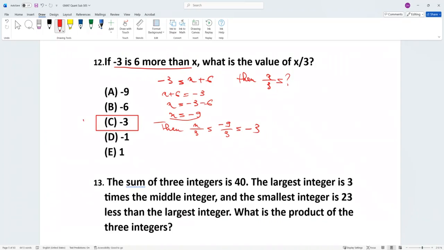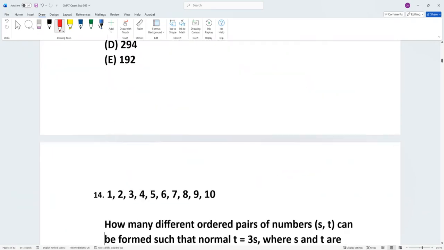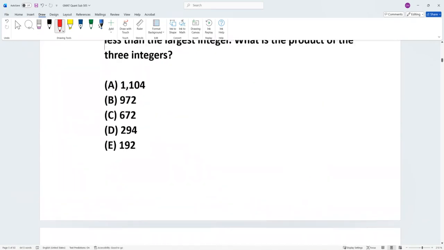Answer C is the correct answer. So that's the answer. Let's move on to the next question.